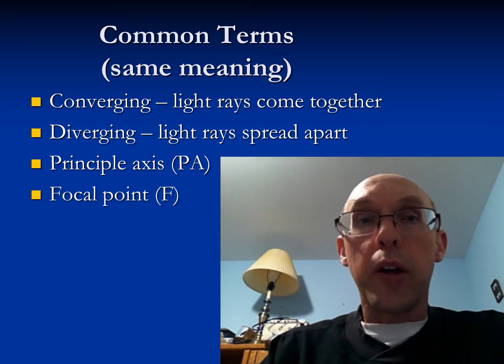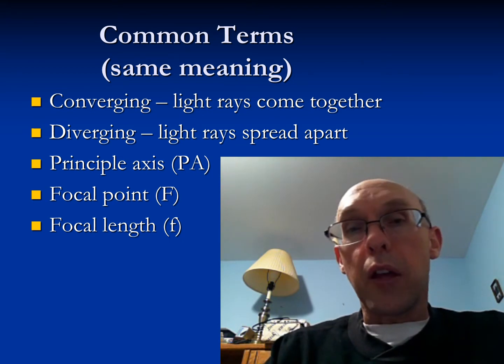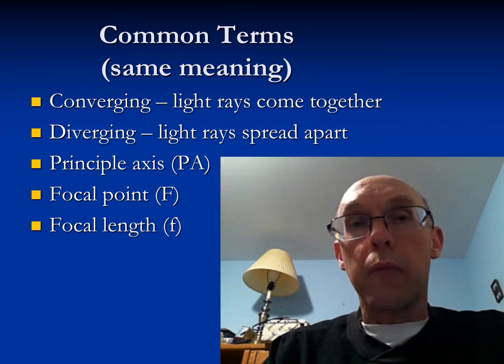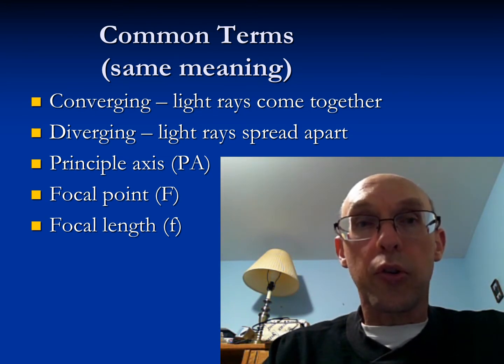We have a focal point, which is where rays will come together. We have a focal length, which is the distance from the focal point. Instead of being to the vertex on a mirror, it will be to the corresponding point on a lens, which we'll describe in a moment. So these terms are all common from our mirrors.